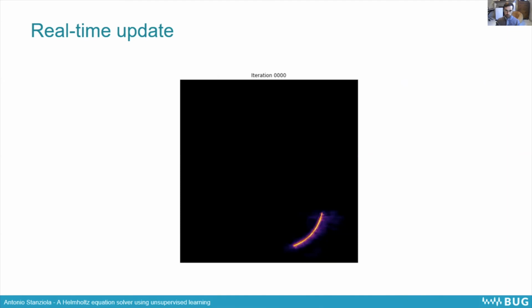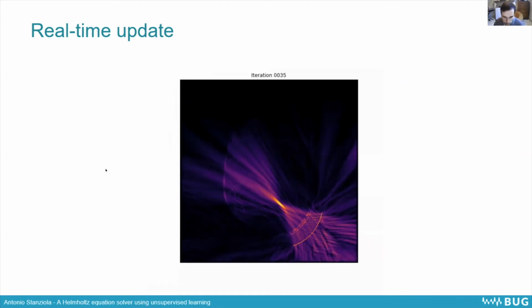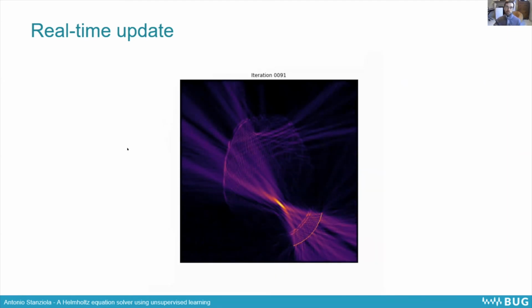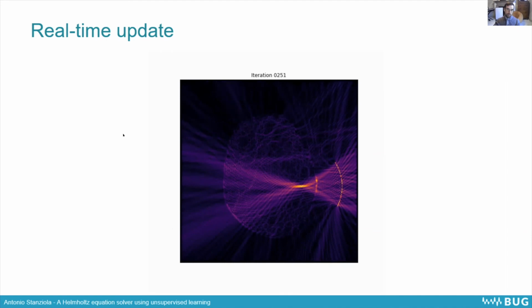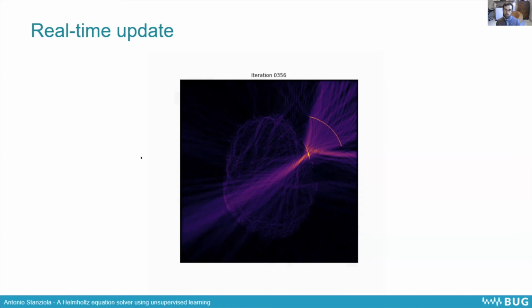And this is actually the example that I'm showing here. This is the solution that the neural network gives at each iteration. And as you may have seen at the beginning, the focus is reconstructed in a small number of iterations. It takes about 200 iterations.